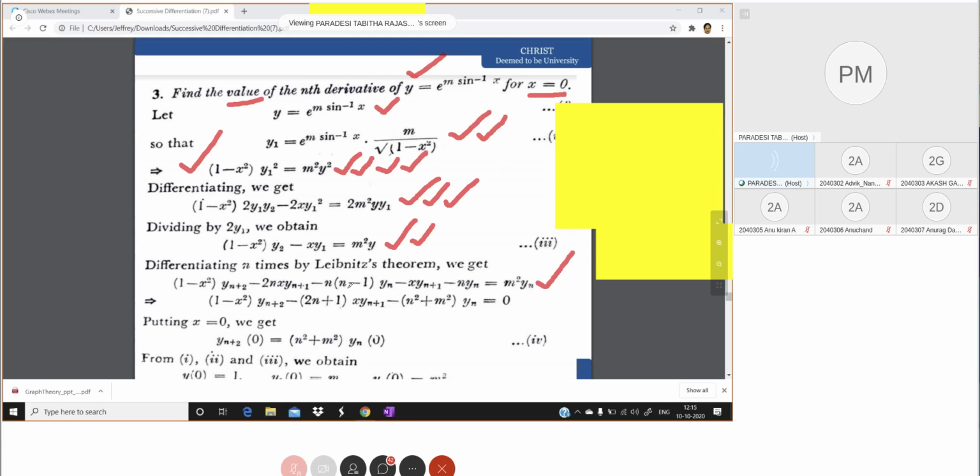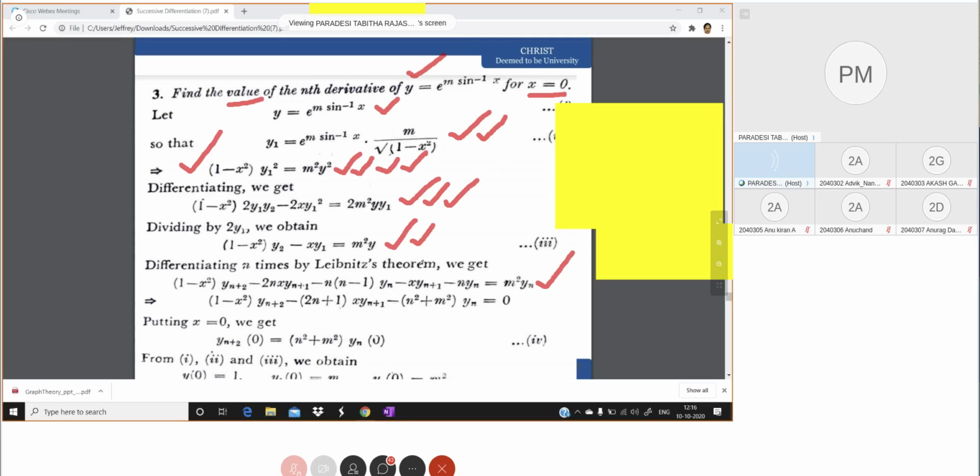Move on to the third term, nC2. We finished with nC0, nC1. Now it's nC2, n into n minus 1 by 2. What about the derivative of minus 2x? Do we get a 2? Derivative of 2x is a 2, and that 2 and this 2 in n into n minus 1 by 2 got cancelled out, and yn plus 1 is further reduced to yn.